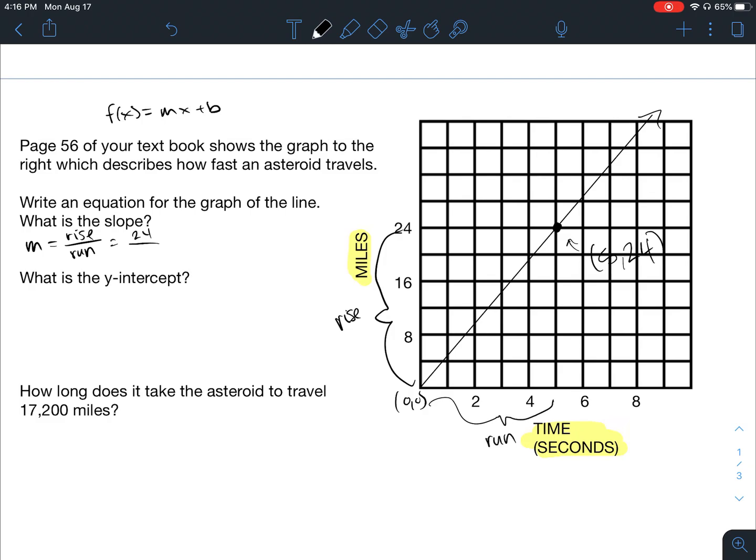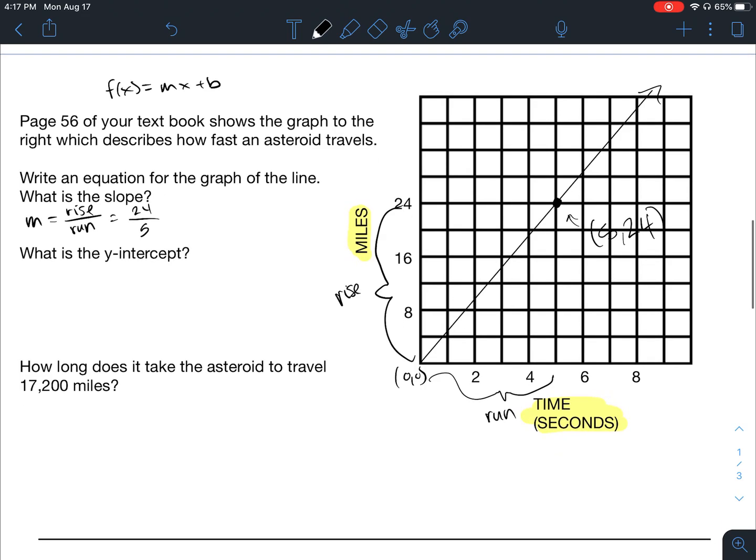This is our x value. And we know that we go over 5. That's our run. So pretty simple and straightforward how we find our slope. Our slope is 24 over 5. And if possible, you should always try to simplify if it is a ratio or a fraction like that. But in this case, we can't simplify, and that's just fine.